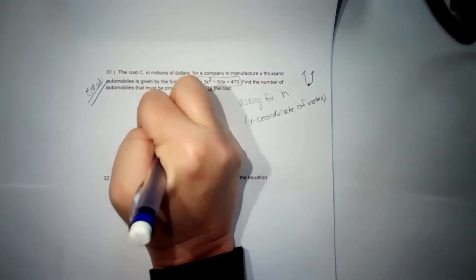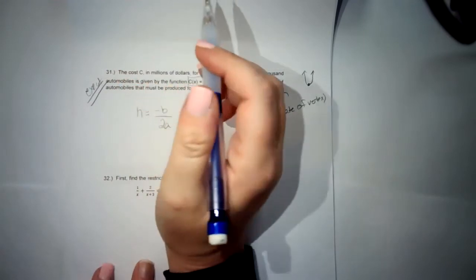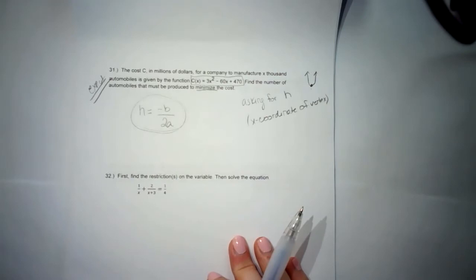Opposite of B over 2A. Good for you. We got another formula to memorize here. Make a note where you're going to need that formula, right? If you forget that formula and you have the big boy calculator, you can graph it and find the vertex, but otherwise remember him. So that's 3 formulas now, right? Point slope, slope intercept, and this dude, okay?